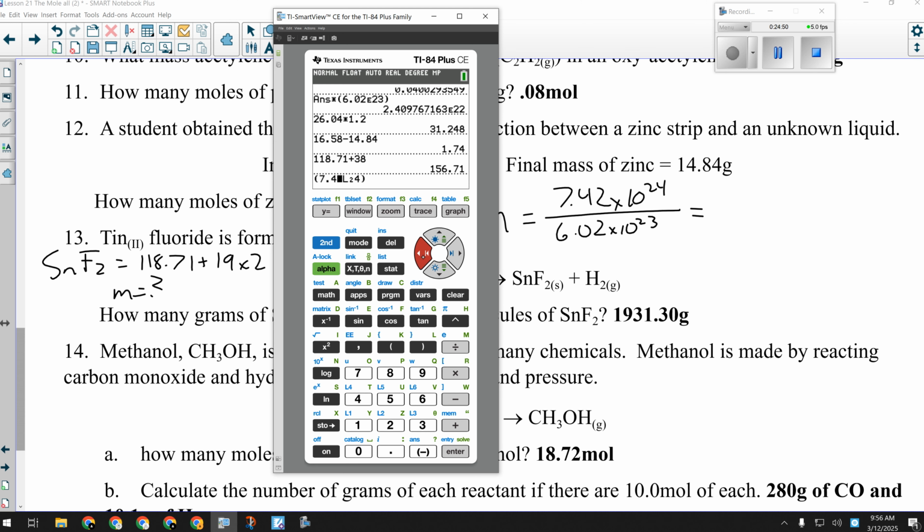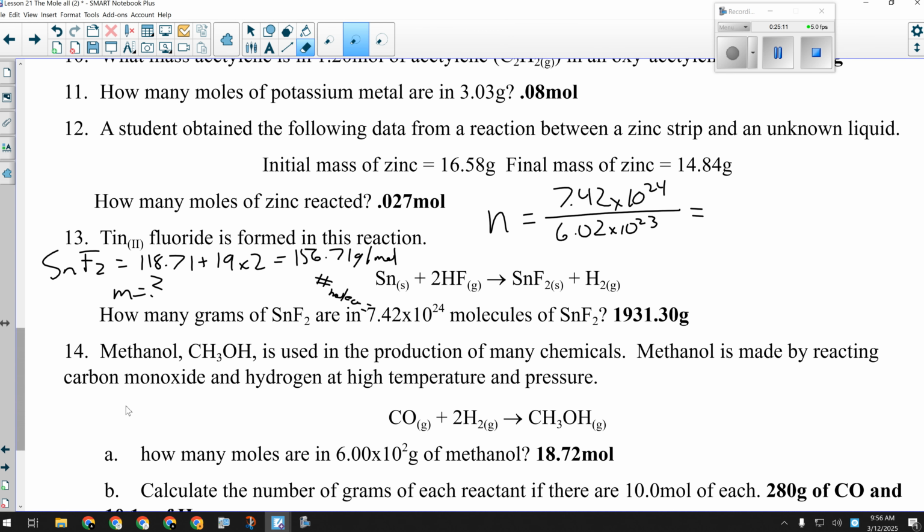So n is 12.33 moles. I'm going to keep all the decimals in my calculator.